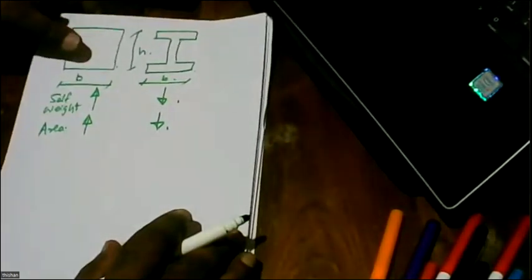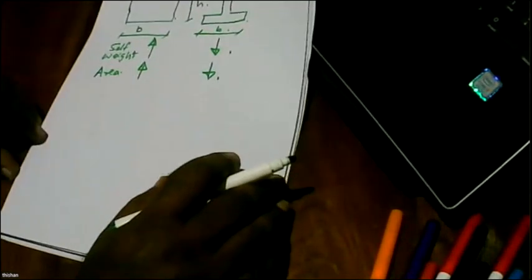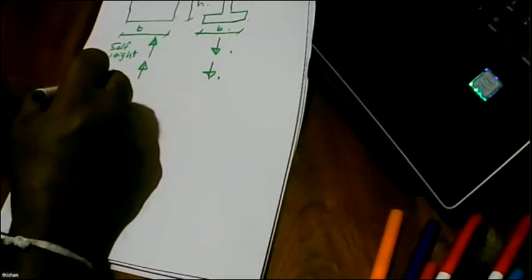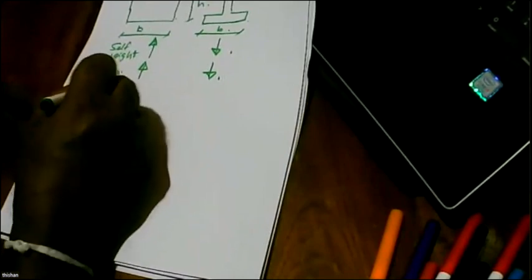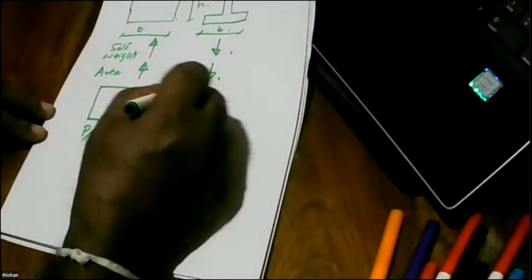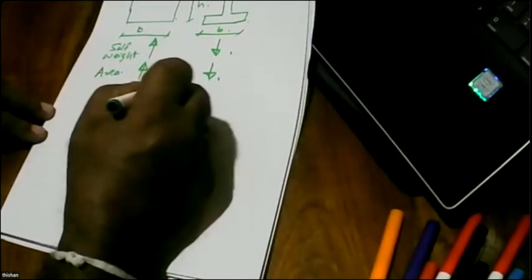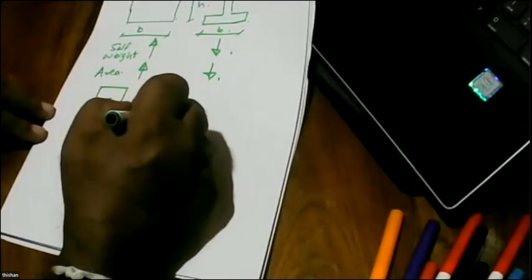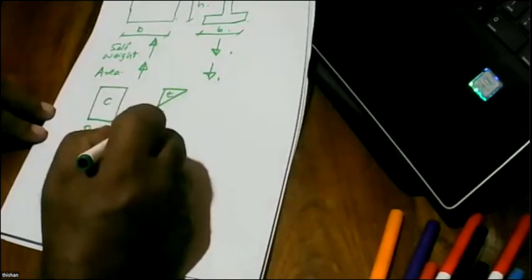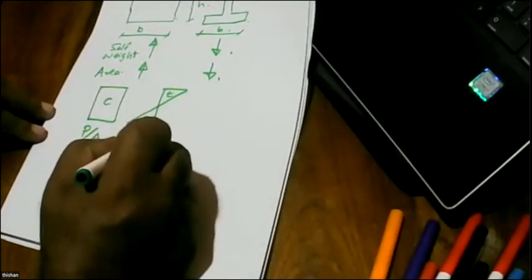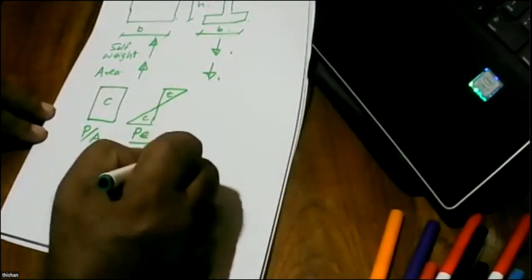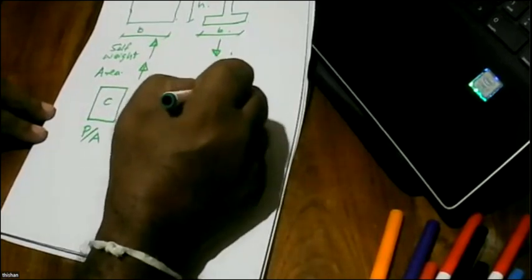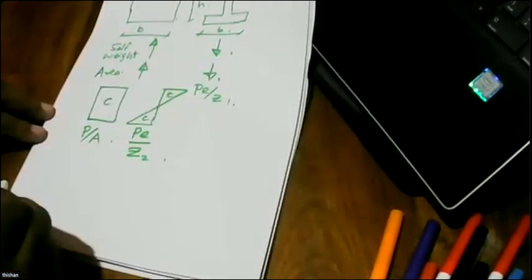Now in prestress, we are looking at two effects. One is P over A. The other one is this compression, and we want compression here, tension here. So this is PE over Z2, this is PE over Z1, right?